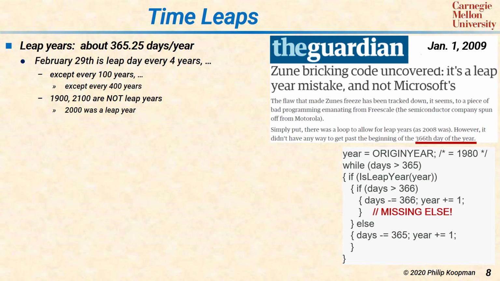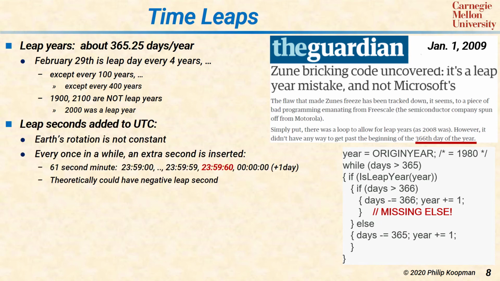Another issue is leap seconds. The Earth's rotation is not constant, and so UTC has occasional leap seconds added. Every once in a while, an extra second is inserted, and it's a 61-second minute. So the time goes 23:59:00 up through 23:59:59, 23:59:60, that's right, 61 seconds in a minute, and then over to 0 for +1 day.